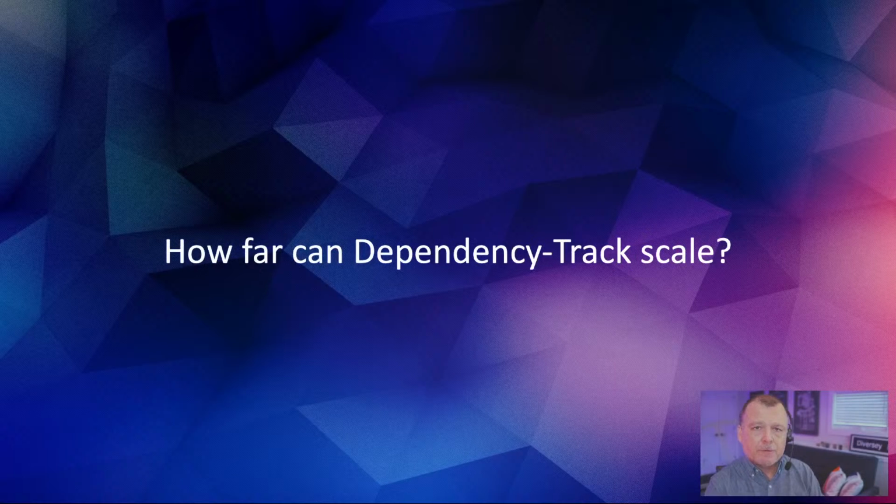The fourth question for 4.x is how far can it scale, right? Right now, it's used by a lot of organizations. There's tens of thousands of organizations using Dependency-Track today, which is fantastic, right? But how many projects are you building, right? I've seen upwards of over 1,000 projects being analyzed by an organization in Dependency-Track, which is great, right? First-party code, 1,000 projects. That's a lot of components.